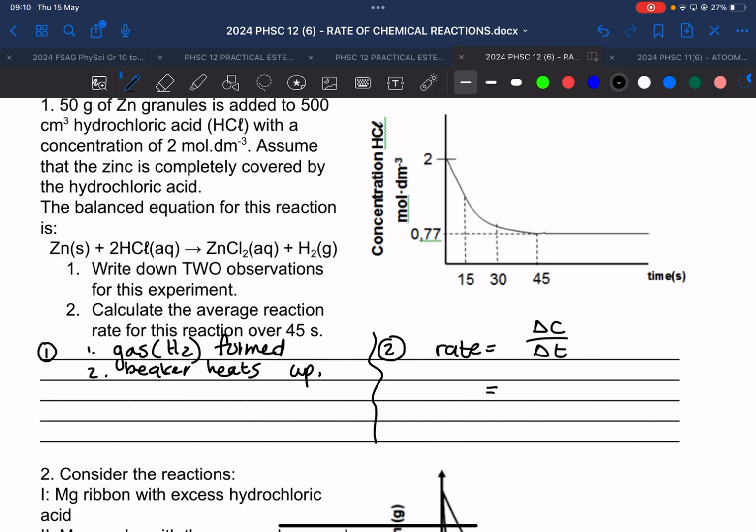So we have 0.77 minus 2 over 45 minus 0. Please fill in that 0. I think last year or 2 years ago, they deducted marks if you didn't fill in that 0. Don't ask me why, but they did.